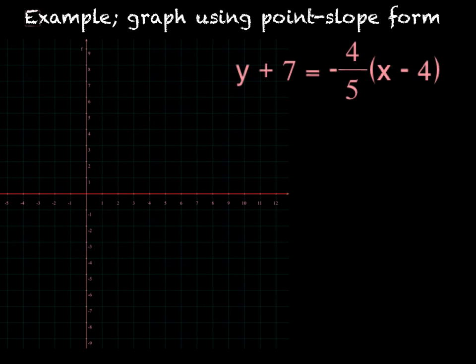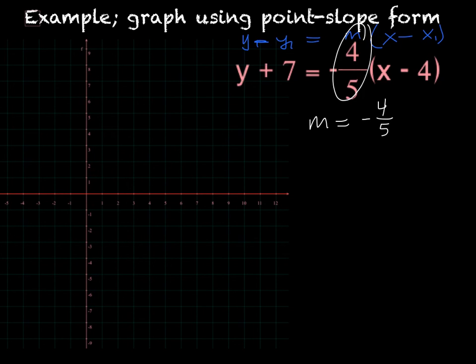So another example of this same thing, we have y minus y1 equals m times x minus x1. So first thing we want to look for is, we can find my m because it's whatever's outside the parentheses. So m is equal to negative 4 over 5. So that's the easy part.